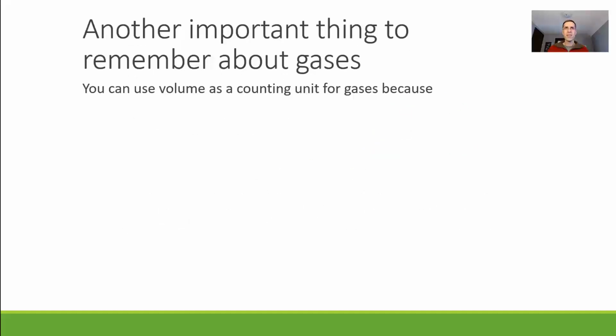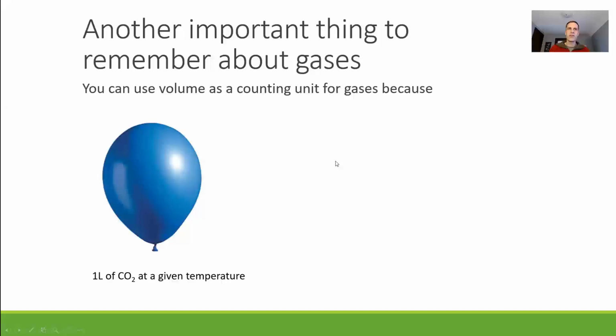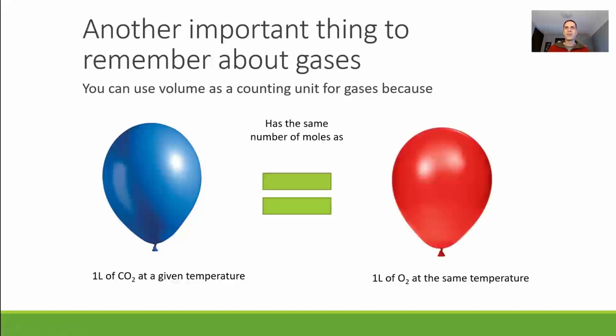Another important thing to remember about gases, which is a little bit different than when we talk about solids and liquids, is that we can actually use volume as a counting unit for gases. This happens because if we have a balloon with 1 liter of CO2 at a particular temperature and pressure, that's going to have the exact same number of moles as 1 liter of O2 at that same temperature and pressure.